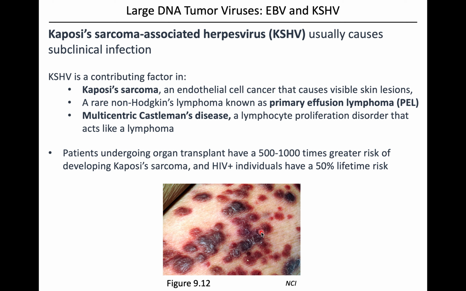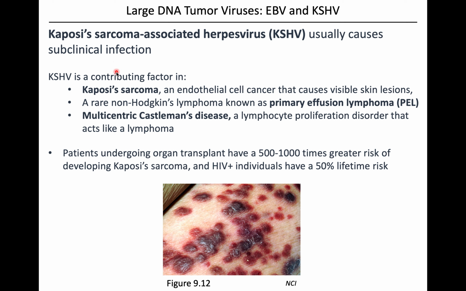You can see a picture of what that looks like here. It seems to be another instance where, in immunocompromised individuals, the virus is able to proliferate and transcribe at levels much higher than in somebody with a fully functioning immune system. And that again seems to tip the scales in favor of cancer.